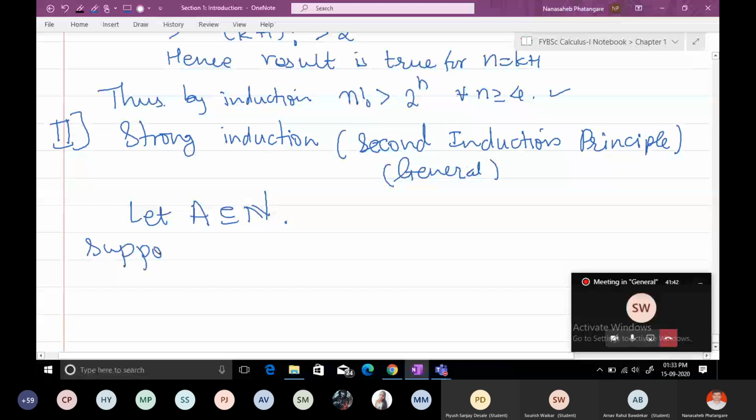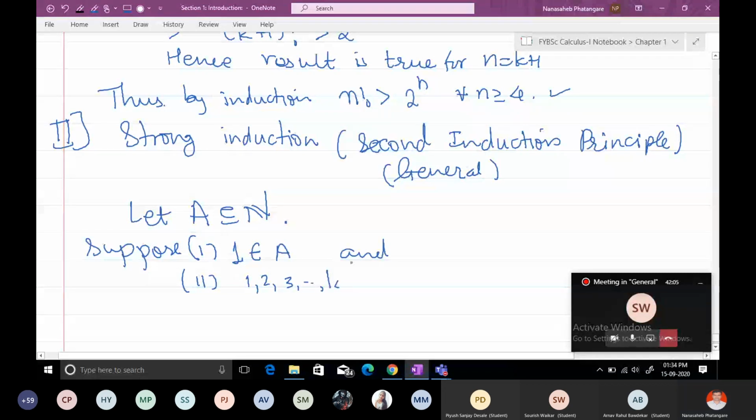Suppose 1 is in A, and the second condition is: 1, 2, 3 up to k in A implies k plus 1 is in A, then A is nothing but the set of natural numbers.